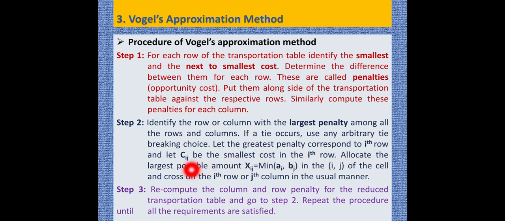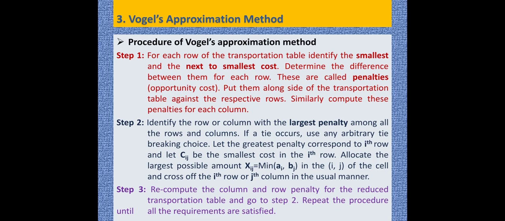To allocate the largest possible amount, Xij is equal to the minimum of Ai, Bj, that is the minimum of supply and demand in the cell (i, j). So we compare supply and demand, and whichever is minimum we allocate in that particular cell, and cross off the ith row or jth column, that is, strike off the row or column in the usual manner as we did in the northwest corner rule or least cost entry method.